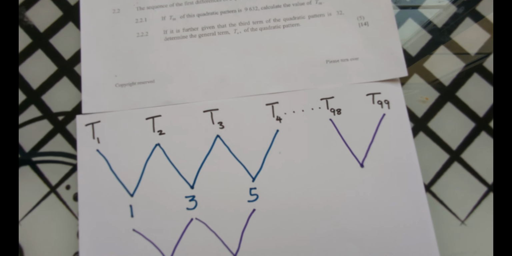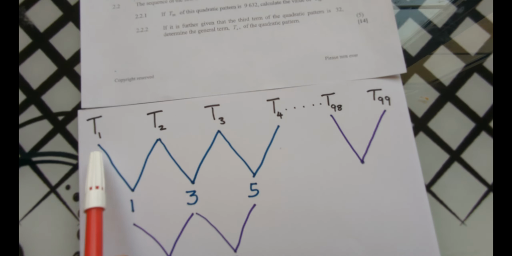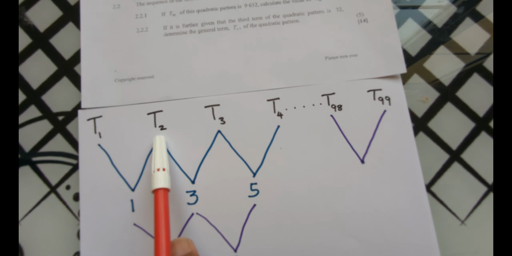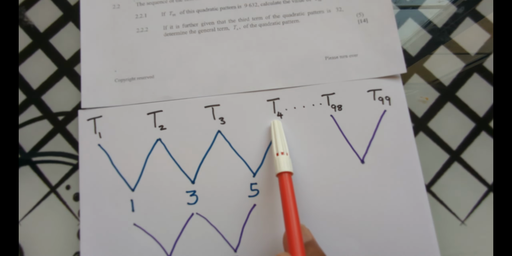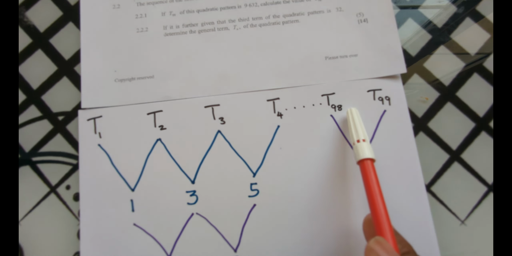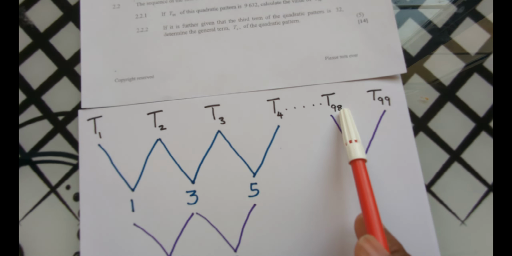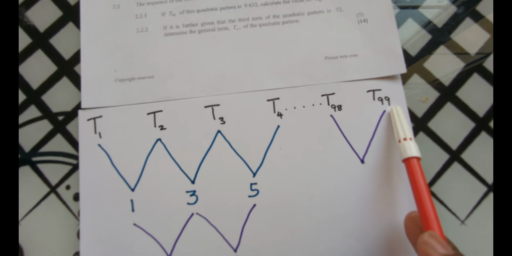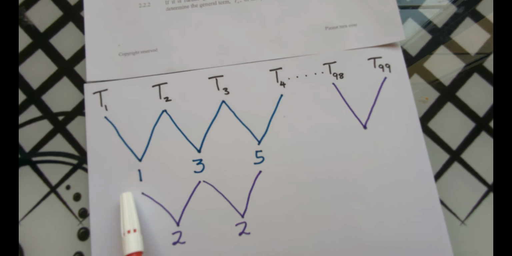So what we are given here are the first differences of the quadratic pattern. So we have our first term, second term, third term, until we reach term number 98 and term number 99. And our first differences are 1, 3, 5, and so forth, with our second difference of 2.